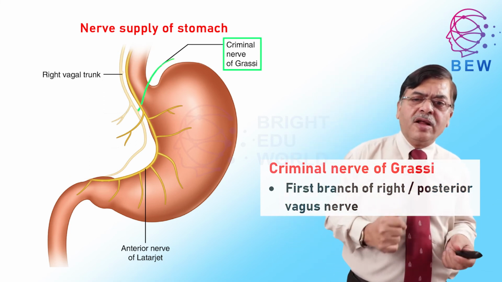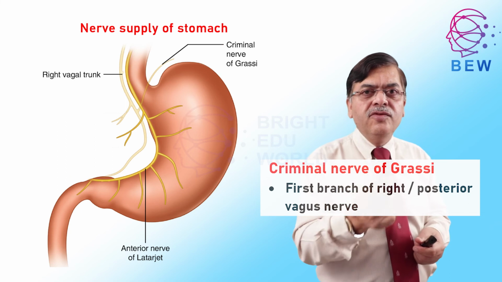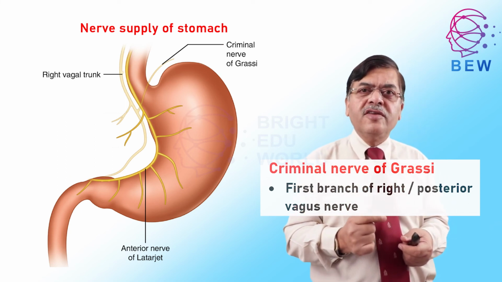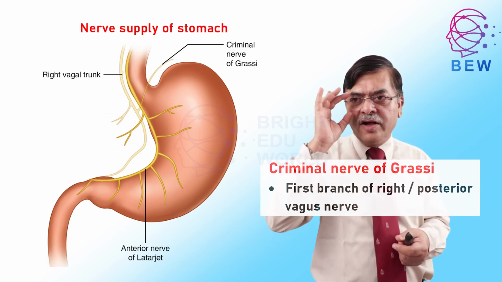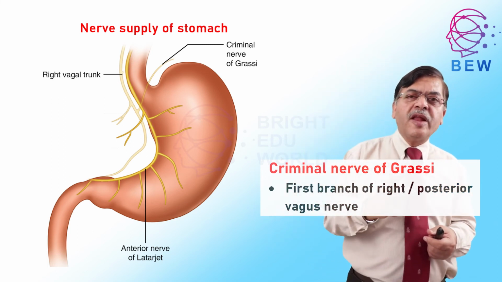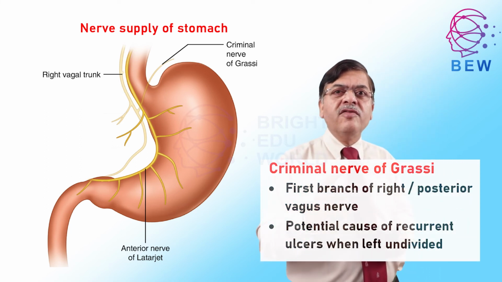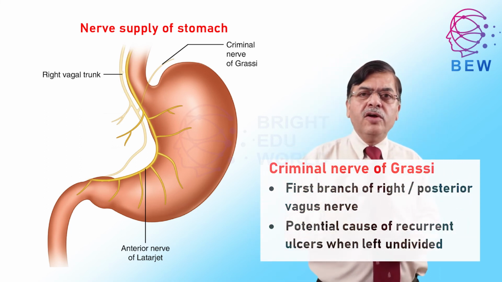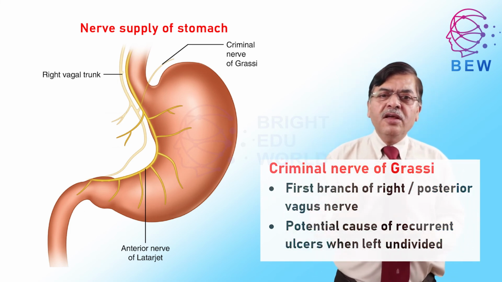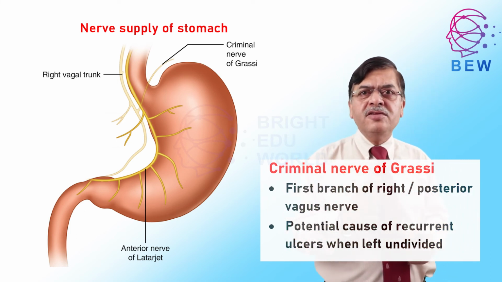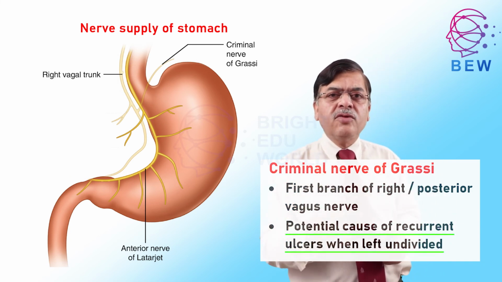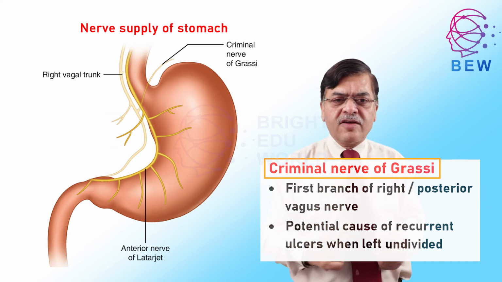Why is it called criminal? Because if you don't ligate this or don't take care of this branch during surgery, then it is criminal. This is the nerve which keeps supplying the stomach and is the cause of recurrence of the ulcer. So when you are doing a surgery for ulcer and you are doing a vagotomy, if you don't take care of this branch, then there will be recurrence of the ulcer. That's why it's called the criminal nerve of Grassi.